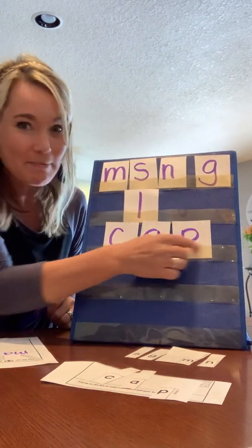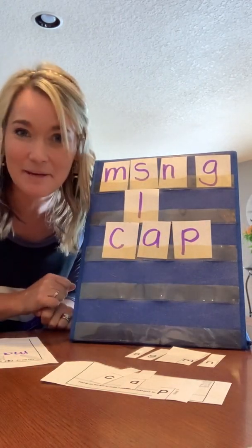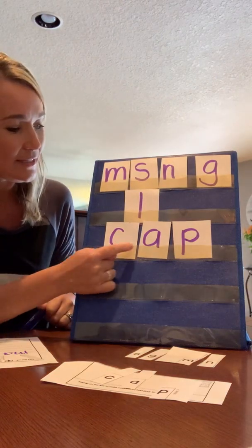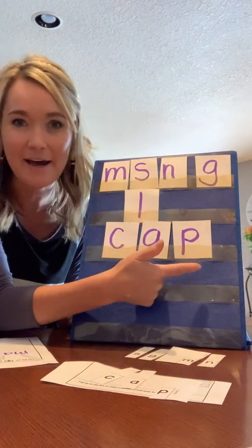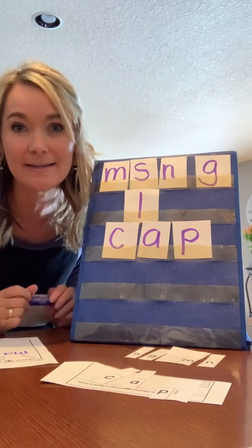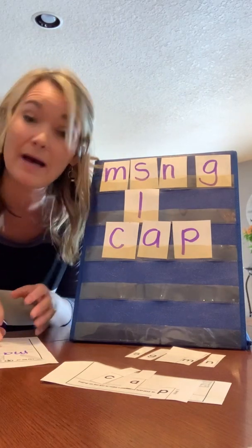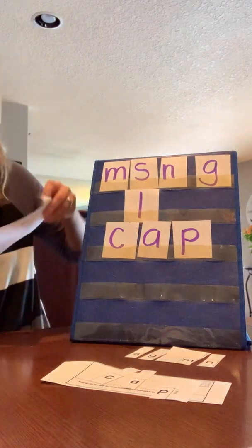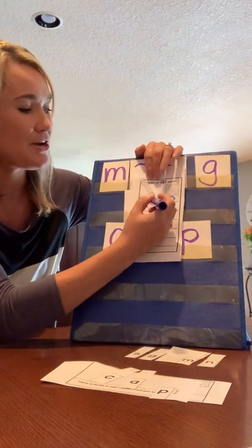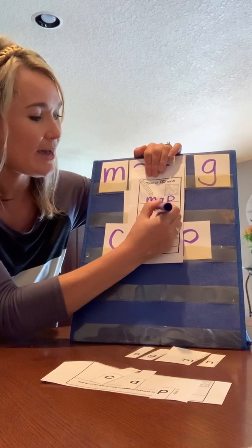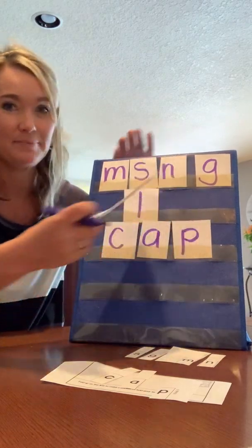Does yours look like mine? Sound it out with me if it does. Get ready. Cap. We had to change the beginning sound. We do this often with letters and sounds, and we can do it with word building as well. So now let's record that new word. Cap.